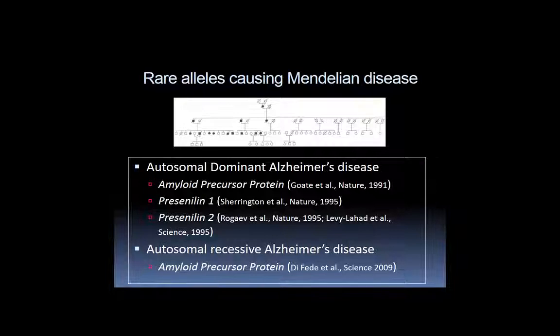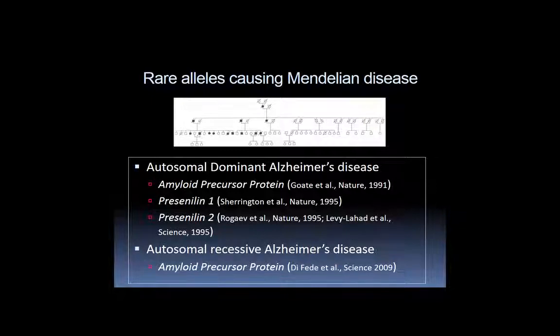So based on that information, we then sequenced the APP gene. Back then, this was a really big task. There are 18 exons in APP, but the amyloid sequence is encoded by exons 16 and 17. So we sequenced exons 16 and 17 in everybody in this family, and we found a single base change that resulted in an amino acid change at codon 717, of a valine to isoleucine.